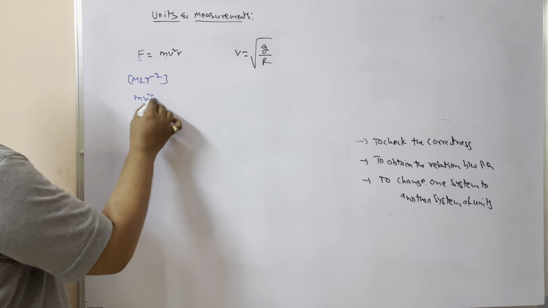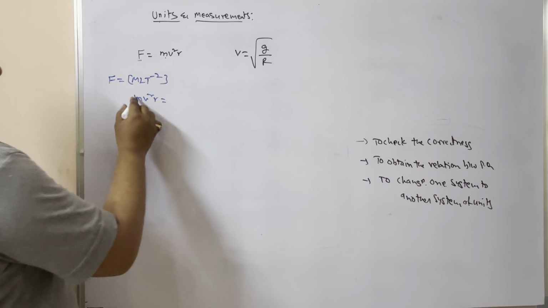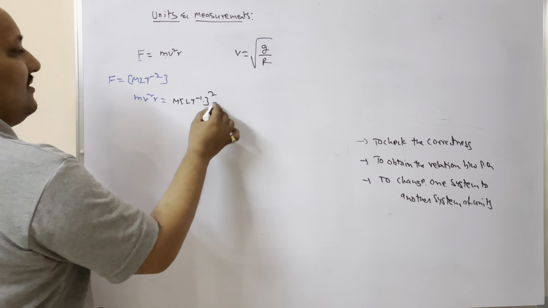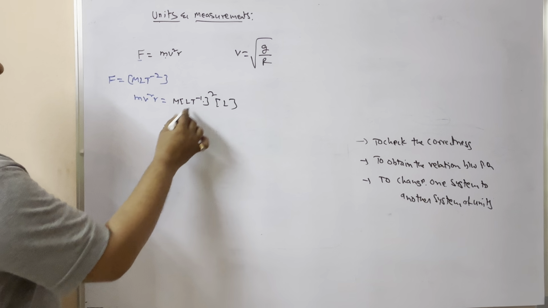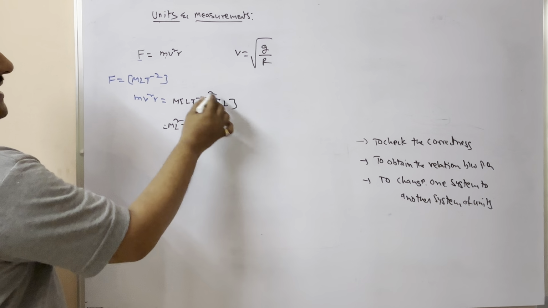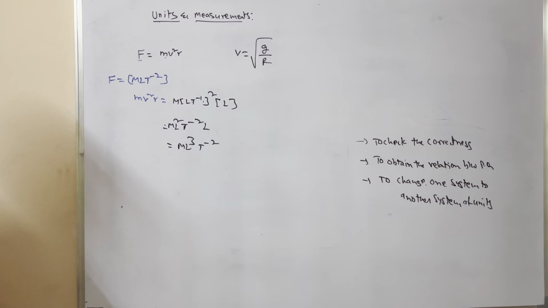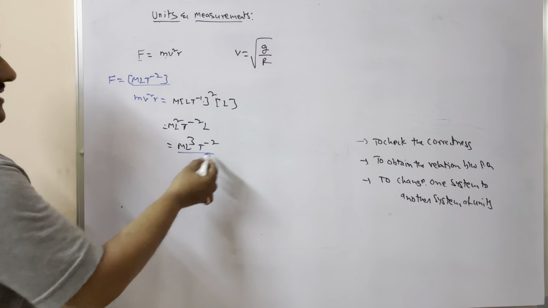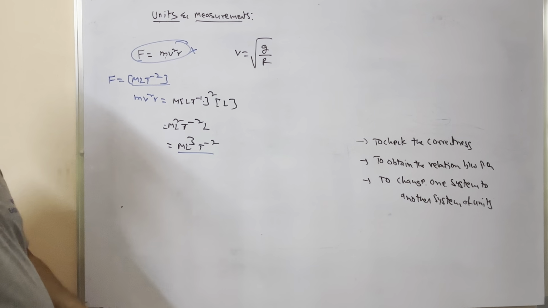Now m v square r: mass dimensional formula M, velocity L T power minus 1 whole square, r is nothing but distance L. Therefore M L square T power minus 2 L, so M L cube T power minus 2. LHS is M L T power minus 2, RHS is M L cube T power minus 2. Therefore this equation is going to be wrong.